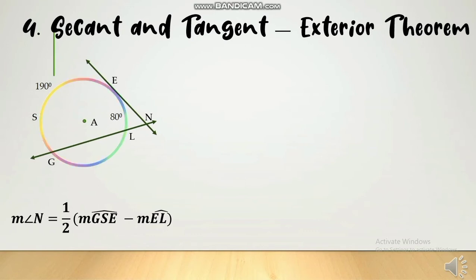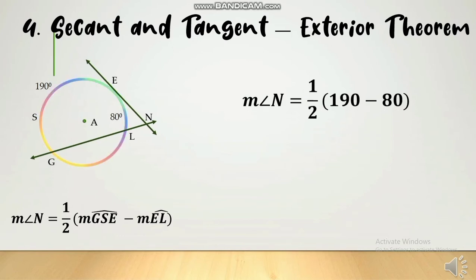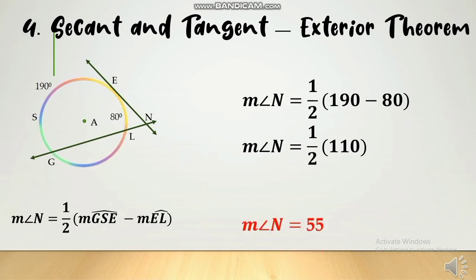So, what will be the measure of angle N? Measure of angle N is equal to 1/2 times quantity 190 minus 80. 190 minus 80 is equal to 110, and 1/2 of 110 is equal to 55. So the measure of angle N is equal to 55.